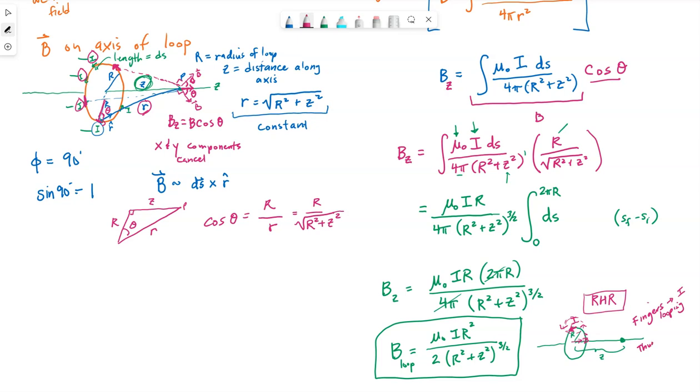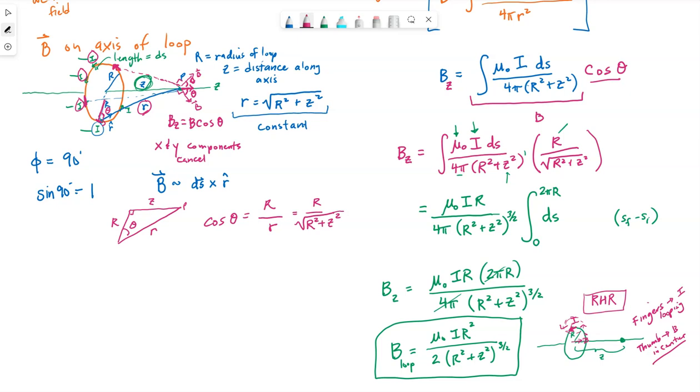My thumb represents the magnetic field direction in the center specifically. So it's kind of just the inverse of what we've been doing, where we put our thumb in the direction of current, and our fingers represented the direction that the field looped around the current wire. We can put our fingers in the direction of the loop and go from there as well. Then our thumb will be the direction of the field, but specifically in the center.